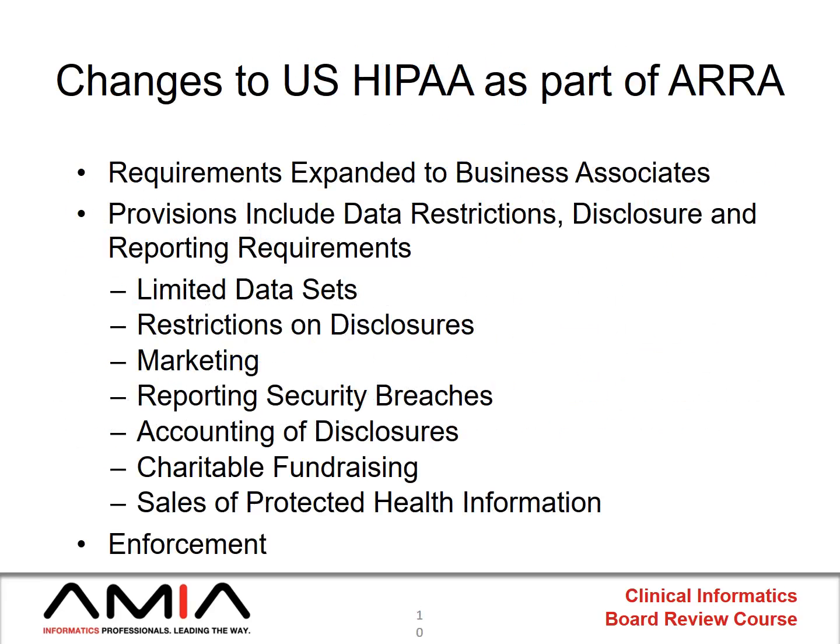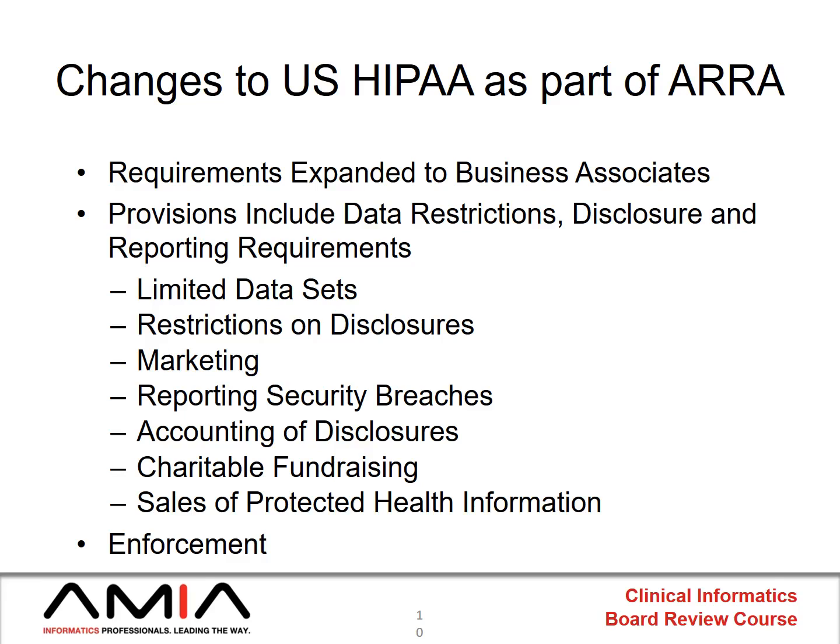Now, the ARRA changed HIPAA in the ways listed here, and these are important to know. As you know, HIPAA was also known as the Kennedy Bill in 1996, but it was revised as part of ARRA. It has requirements that are expanded to business associates.